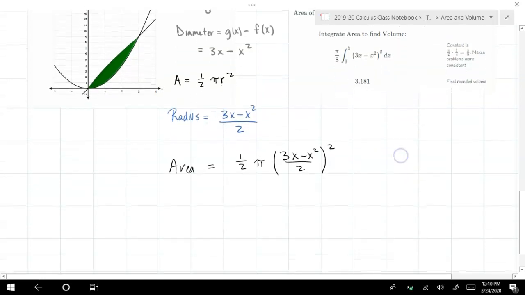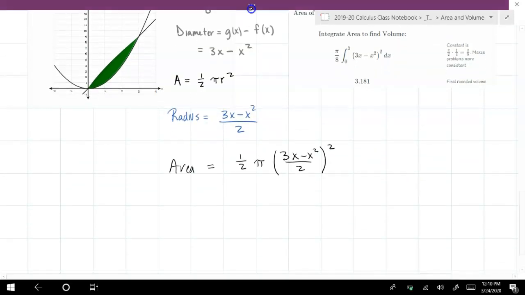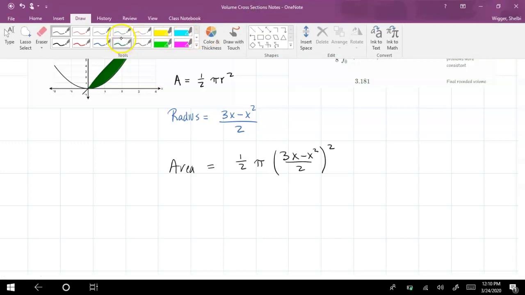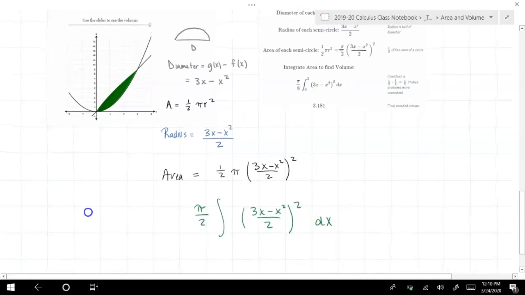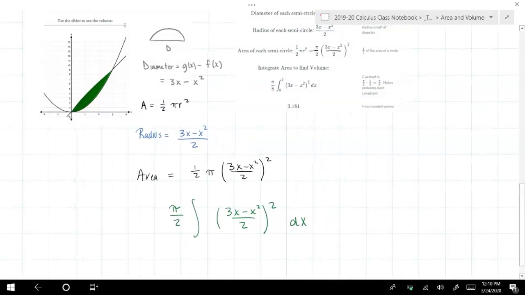So here's the area of each semicircle. We can integrate this to find the volume. So 1/2 pi can come out front. Anything in terms of x has to stay inside, the radius squared, under the integral. And then we're going to look to see what the boundaries are.